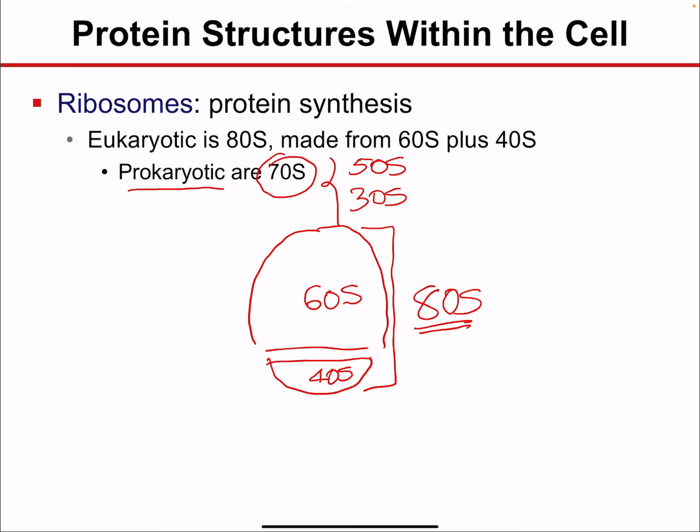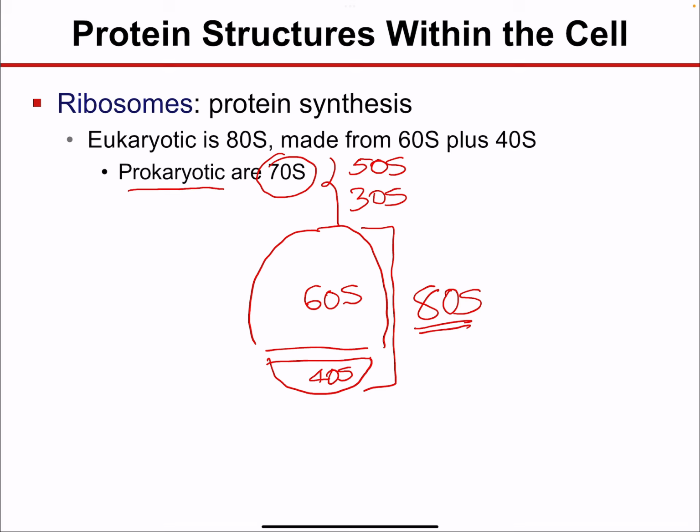These two ribosomes have the exact same function, which is to produce proteins, to do protein synthesis. However, they are slightly different in terms of structure, the proteins they are made up of.